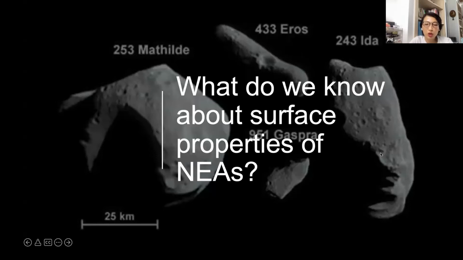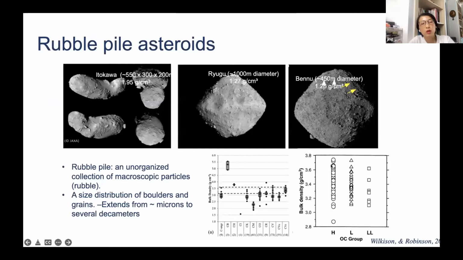Okay, so what do we know about the surface properties of NEAs? So far, I think we have 4 missions to near-Earth asteroids. The first one is NEAR Shoemaker to Eros, and then in recent years we have Hayabusa 1, Hayabusa 2, and OSIRIS-REx to Itokawa, Ryugu, and Bennu.